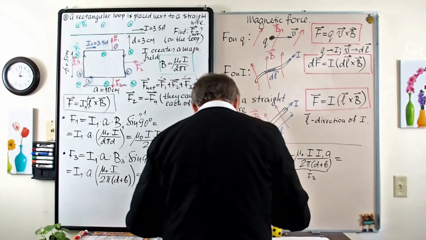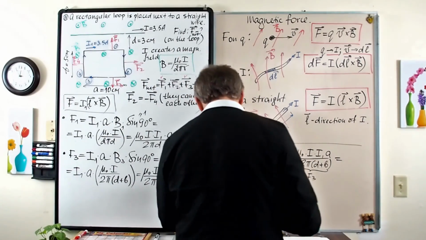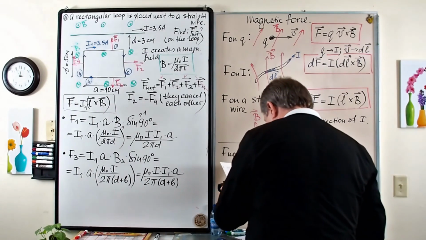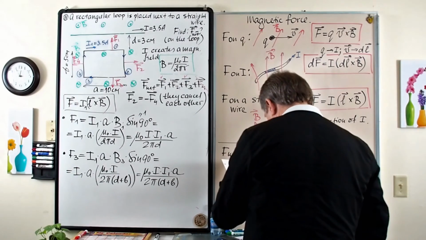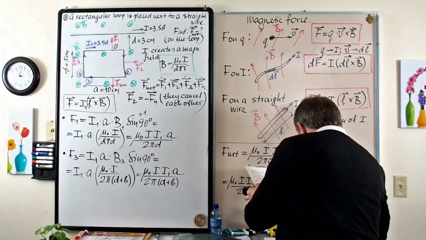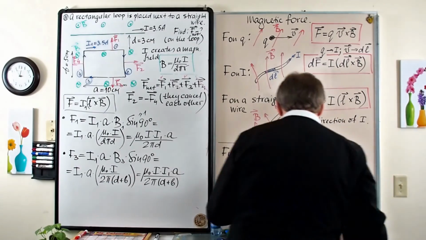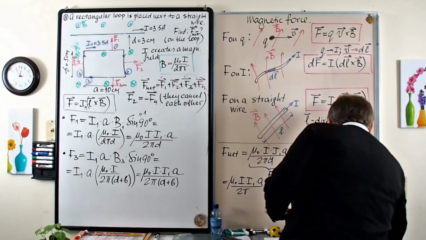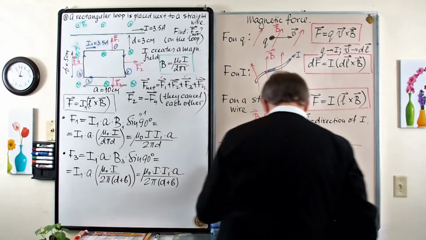If you plug in all those numbers, you will end up with 5.1 times 10 to the power of minus 6. Again, it's just force, units of newtons. So that's the force.